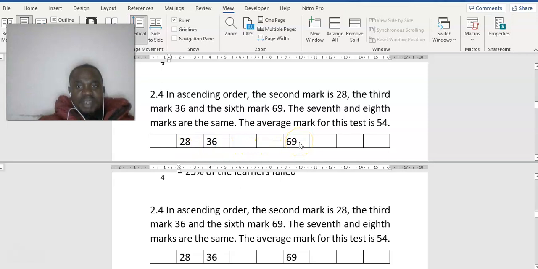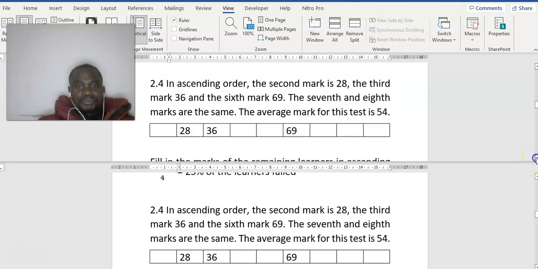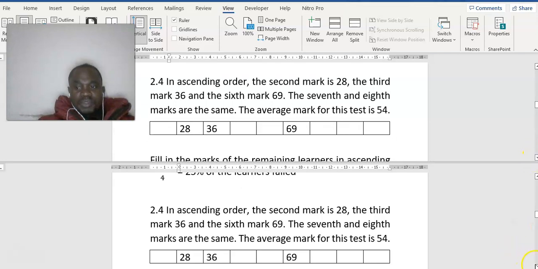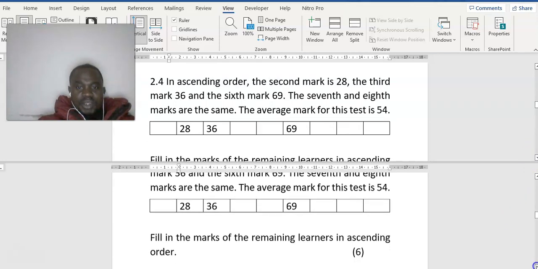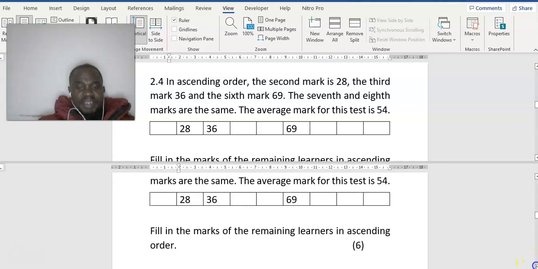The 7th and the 8th mark are the same. The average mark for the test is 54. Okay, what do they want us to do? They want us to fill in the marks of the remaining learners in ascending order. It carries 6 marks.